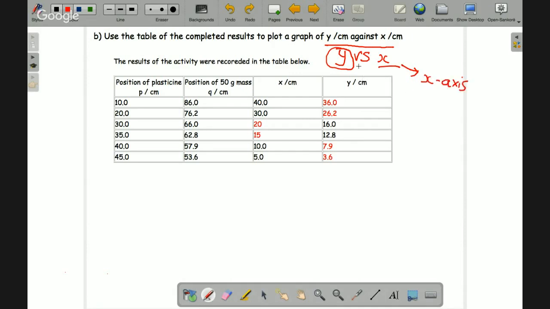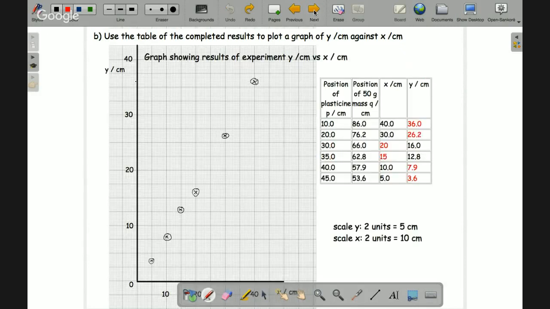It could have been force versus mass, so you put the force on the y-axis and the mass on the x-axis. I drew and plotted the graph before, just to save some time. Also, this is your graph.